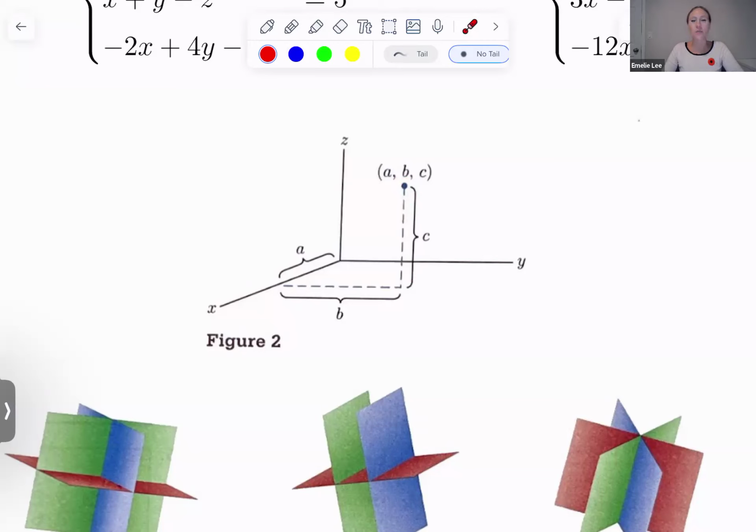So now we're going to be dealing with planes instead of lines intersecting, and that becomes really difficult to imagine, so that's why I wanted to show you. We can solve systems with more than three variables, but then we can't visualize it. We can still solve it, but we can't visualize it.